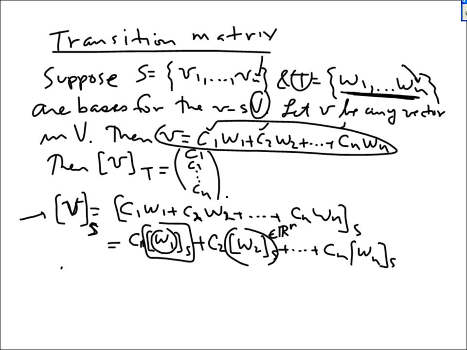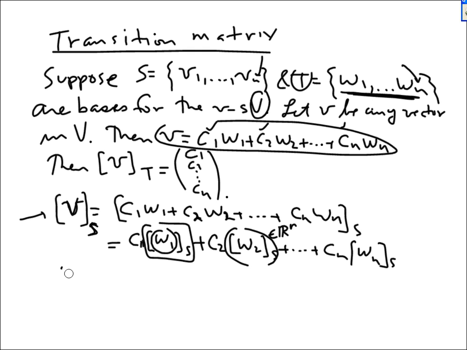So let me think what to say next. I just wrote down, when I'm erasing, so you see that these W1 in brackets sub S's are entries in Wn, Rn.